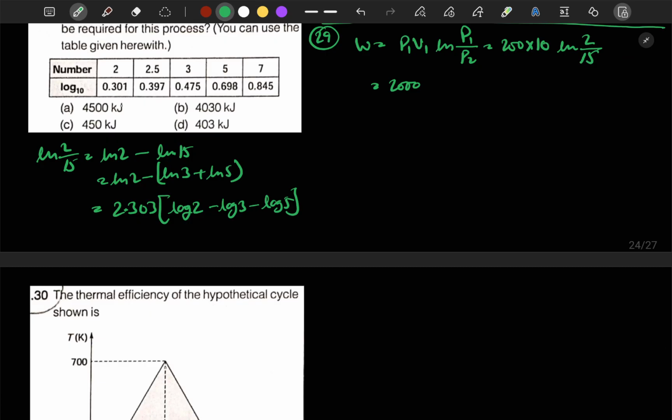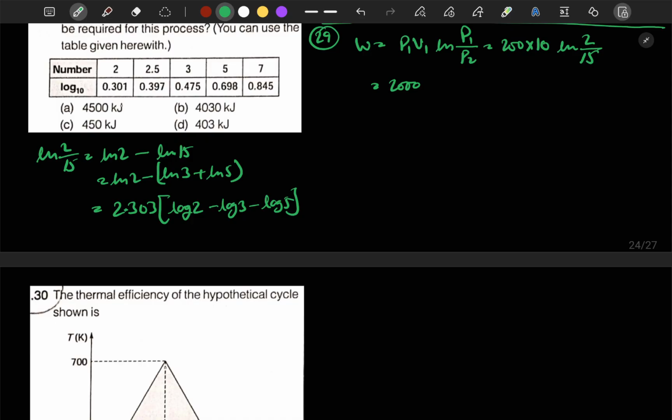So let me calculate the answer. Log of 2 is given as 0.301, minus log of 3 which is given as 0.477, minus log of 5 which is given as 0.698. So we get the value of this to be minus 0.872, and we will multiply it by 2.303.